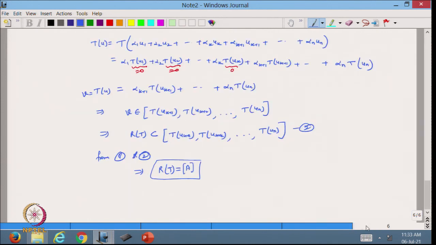Now we need to show the second one, that A is linearly independent.